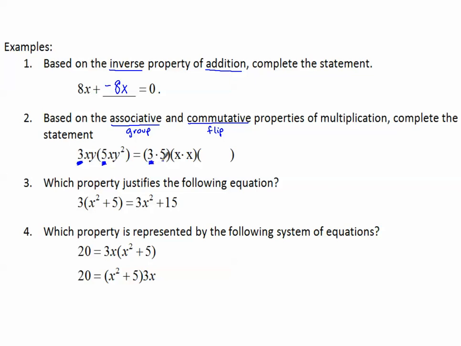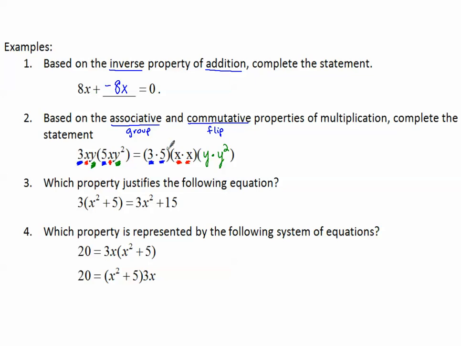Notice the 3 and the 5 get grouped together. Then I see the x's, x here and x here, get grouped together. So what's left over to get grouped together? The y and the y squared. Y times y squared.